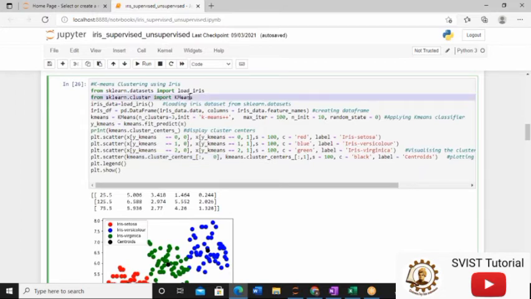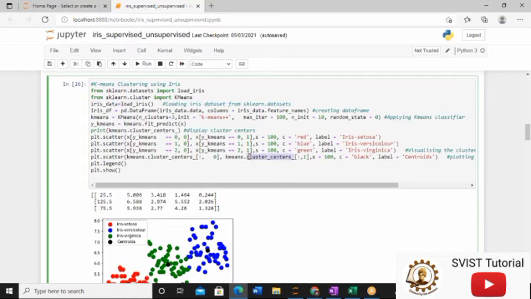For that purpose, I have imported a particular class, KMeans, from sklearn.cluster, right? So understanding the algorithm steps is not important for designing the code, because Python is very efficient.